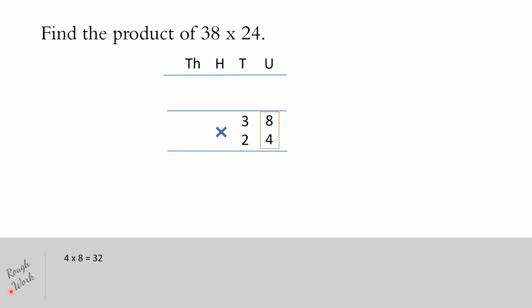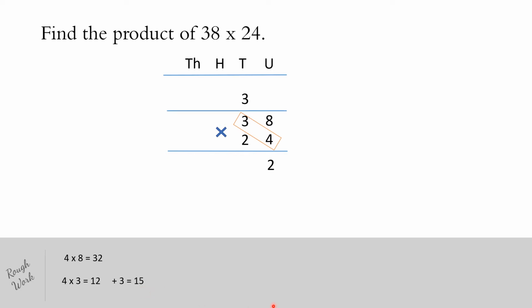So we will write 2 at the unit place and carry 3 at the tens place. Now we will multiply 4 by 3. So 4 into 3 is equal to 12. And we will add this 3 with 12. 12 plus 3, we get 15.